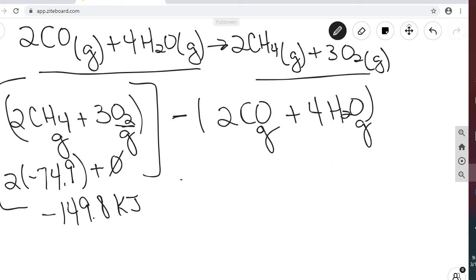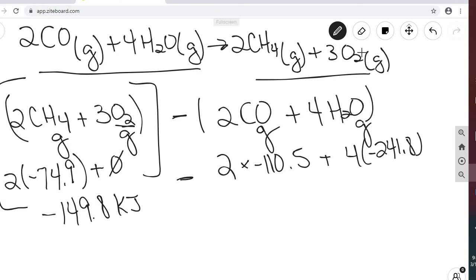Okay, and then we're going to subtract from that the two carbon monoxides in a gas form. So each of those is negative, so it's going to be 2 times negative 110.5 plus 4 times the water in the gas, which is negative 241.8.